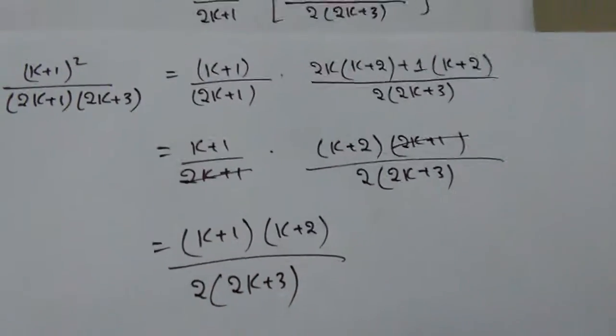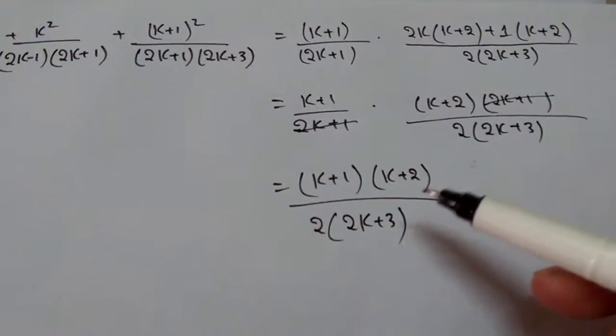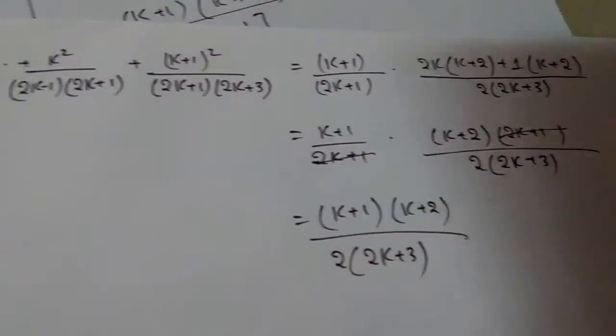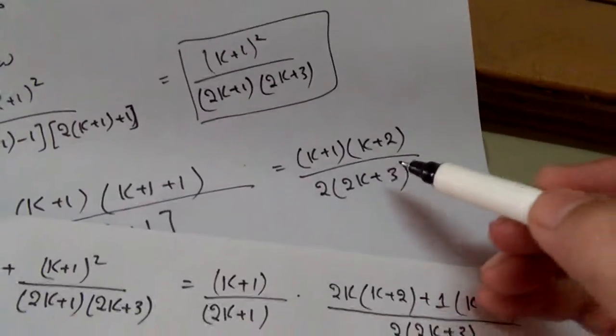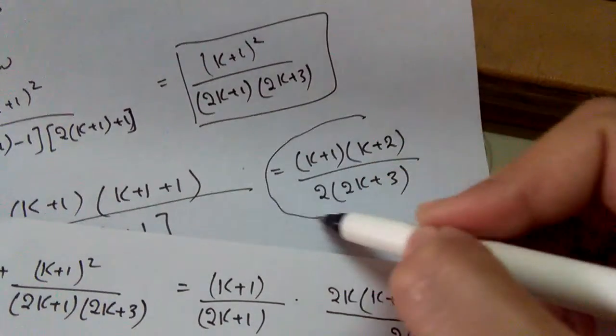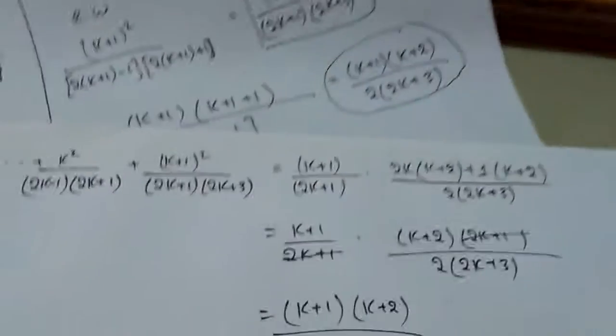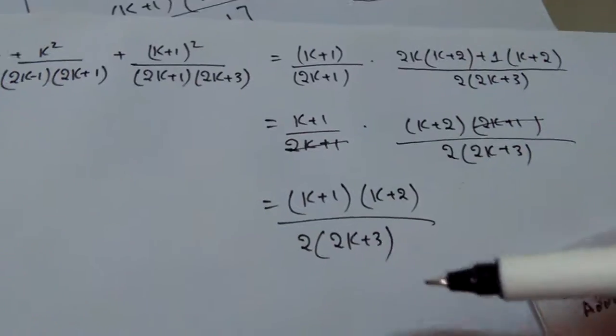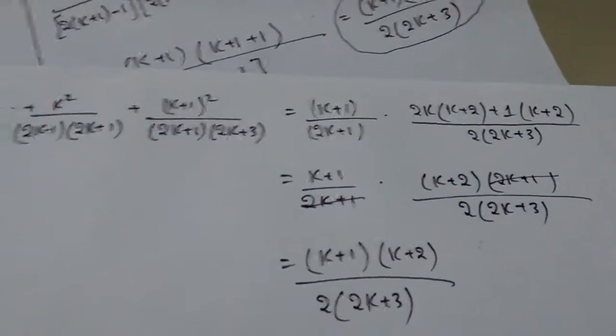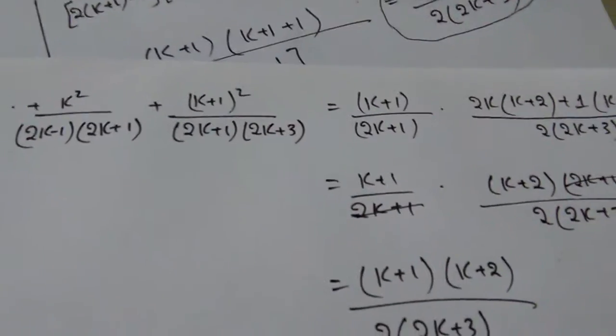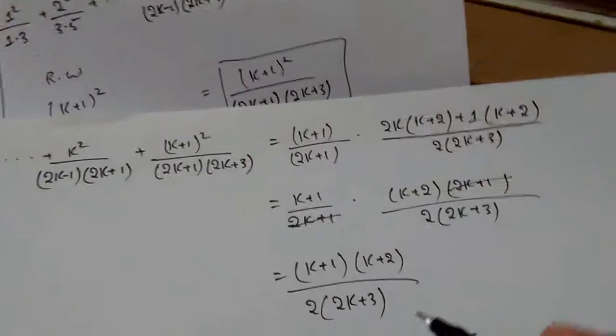That's it. You see, this form is exactly equal to what we obtained in the rough work over here. It is exactly the same. So it means my P of n is true for n equals k plus 1 if it is true for n equals k.